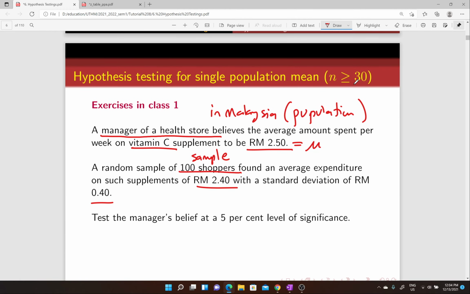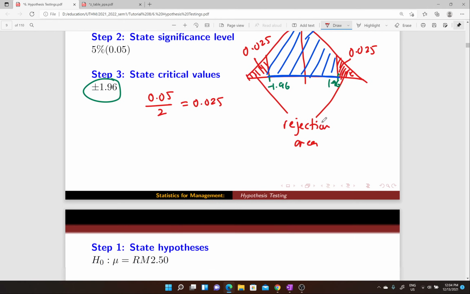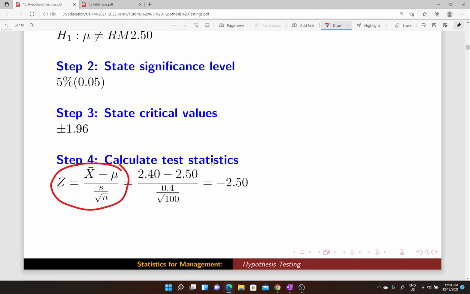For n greater than 30, we use this formula, and you calculate the test statistic. This is the determinant for us whether we have to accept the manager's claim or not. So how to calculate? The sample mean minus the population mean, the standard deviation is given there, the sample size is given there. If you calculate, you get negative 2.5.